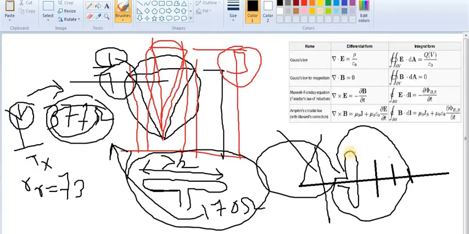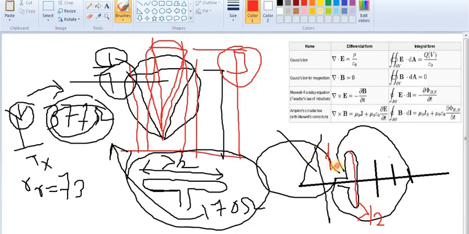The reflector's size is normally more than that of the dipole antenna. If the dipole antenna length is lambda by 2, this length will be more than lambda by 2.